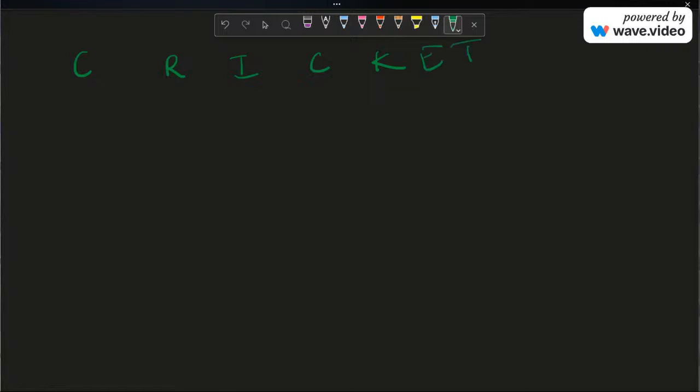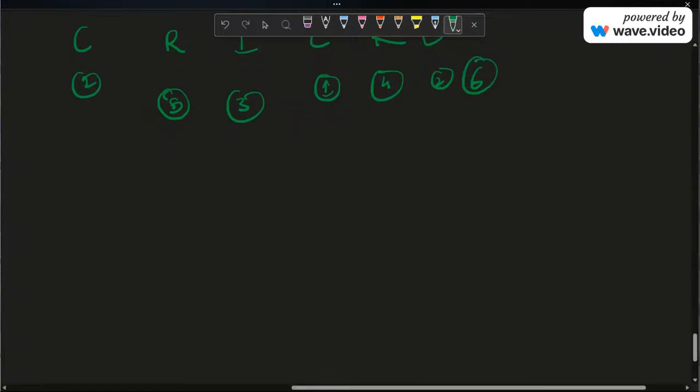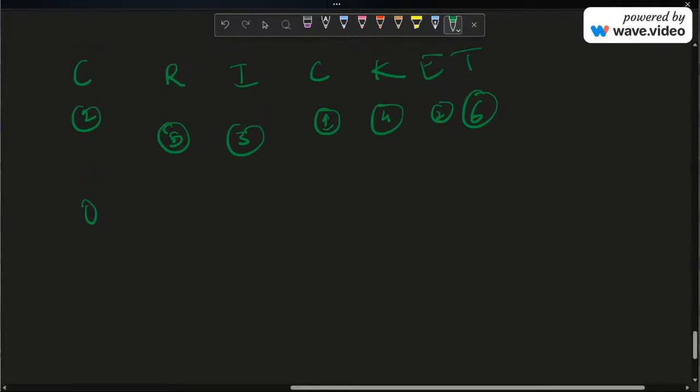CRICKET. This is number one, number two, number one, number three, number four, number five, number six. Zero greater numbers here. One, two, three, four, five.